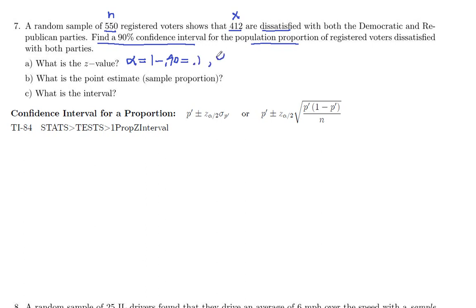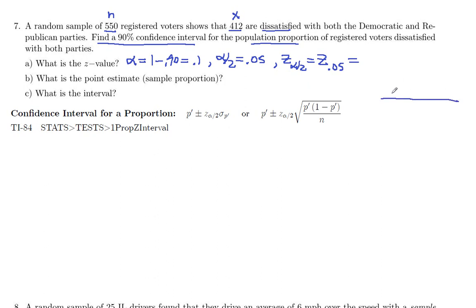So then alpha over 2 is going to be 0.1 divided by 2, 0.05. So then we need z alpha over 2, which is going to be z 0.05. So that's the z-score with 5% of the area to the right. Remember that subscript, that's the right area.